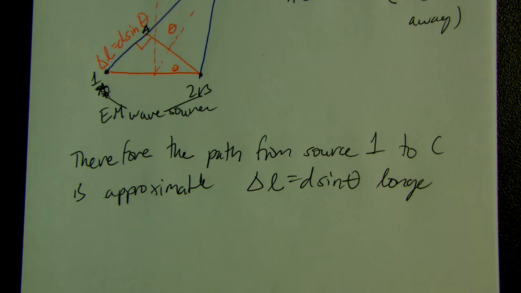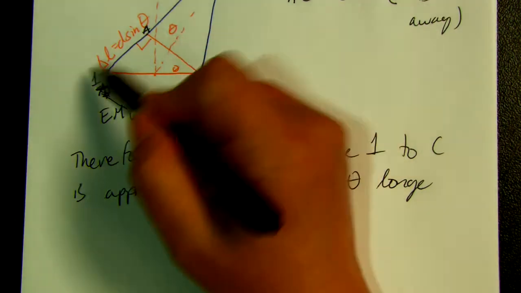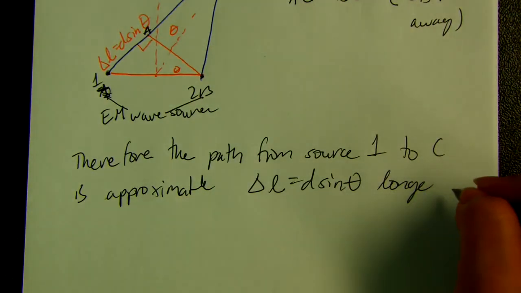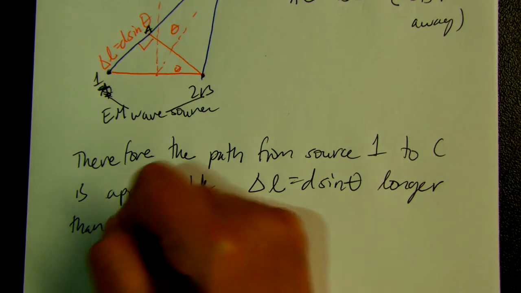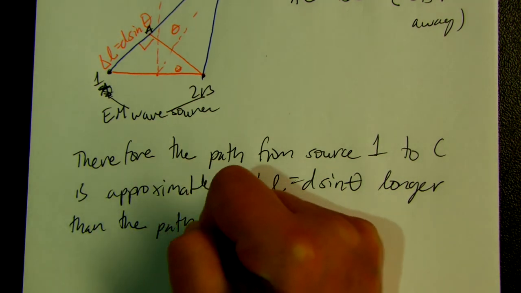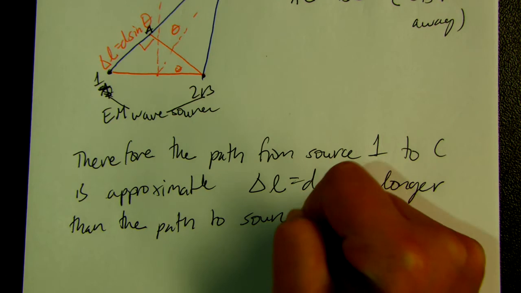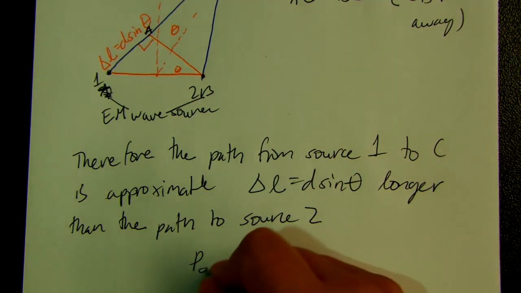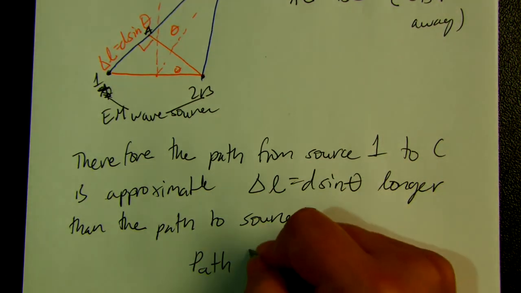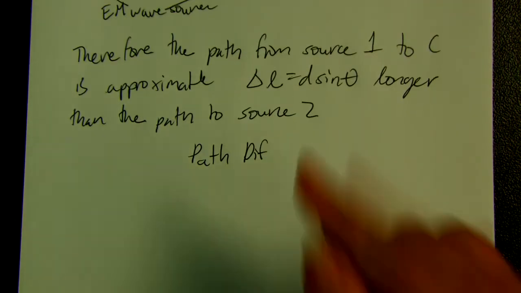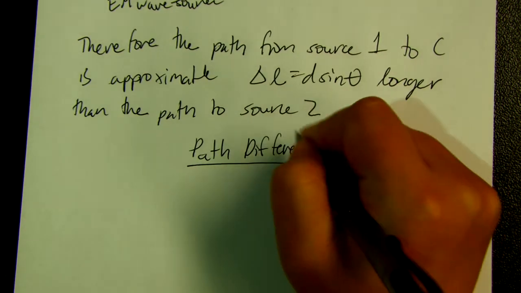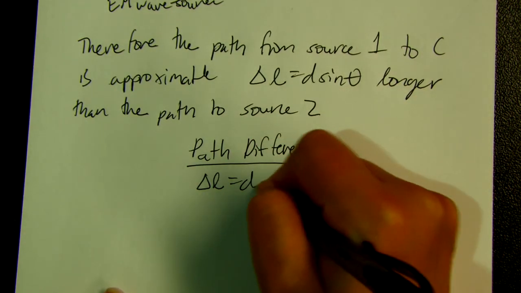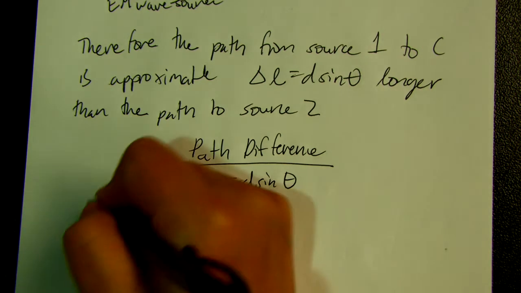All right, so you've got d sine theta here. D sine theta longer than the path to source 2. So the path difference delta L is equal to d sine theta.